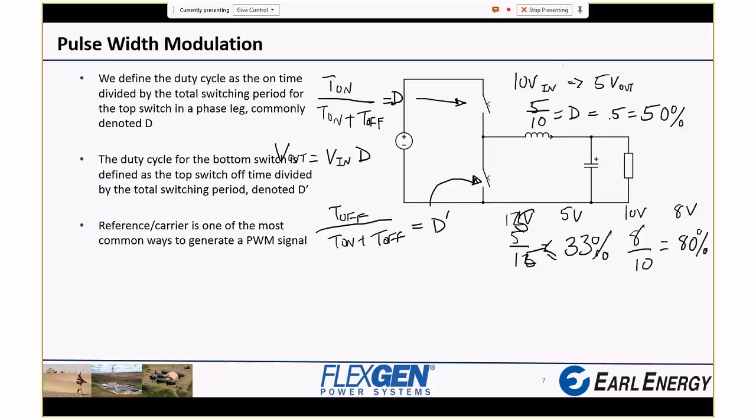I didn't really give myself a lot of room to talk about this, but one way to generate the pulse train that gives you your 50% duty cycle or your 33% duty cycle or your 80% duty cycle is a pulse width modulation circuit.